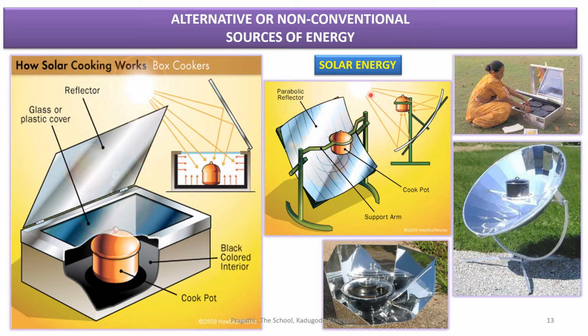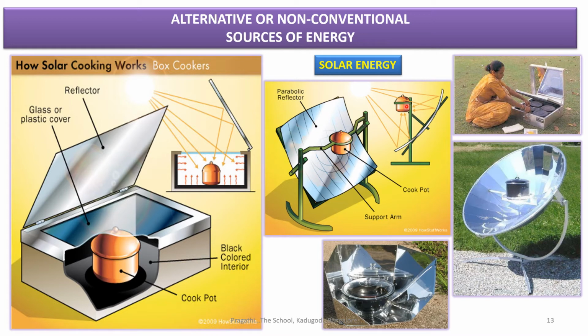And here also you can see the same thing, the sun is here, it is a curved parabolic reflector. That means the mirrors are arranged in such a way that it is in the form of a parabola, and you can see here all the reflected rays will concentrate at a focal point. At the focal point we can keep the cook pot here. What happens?